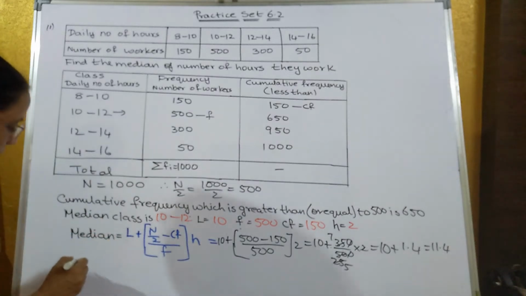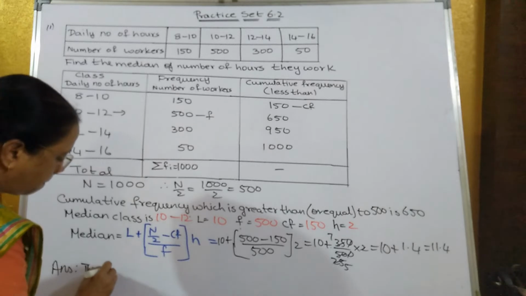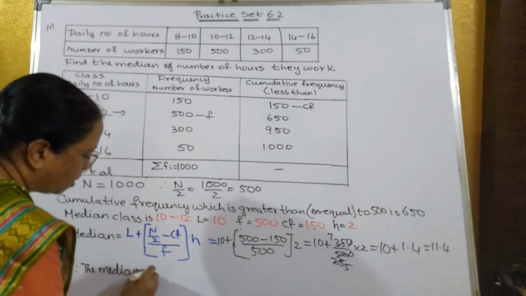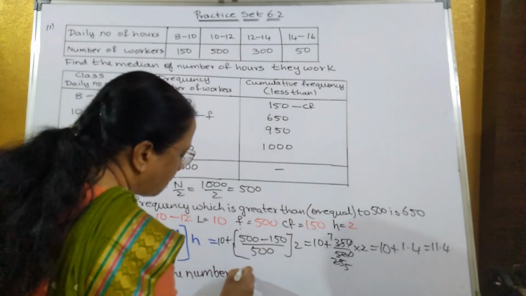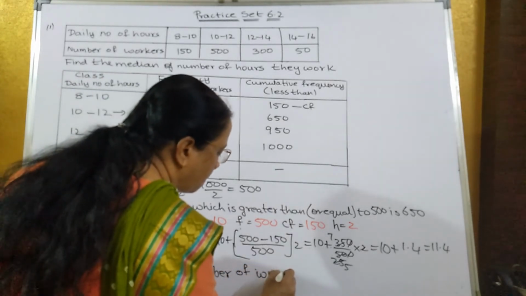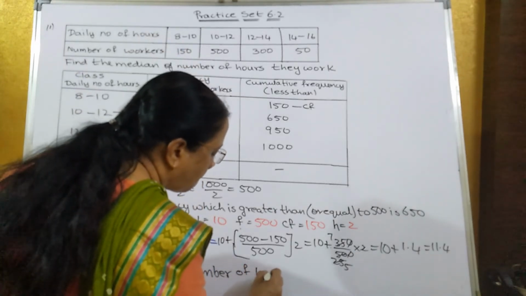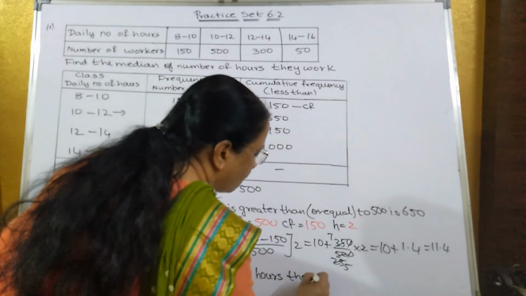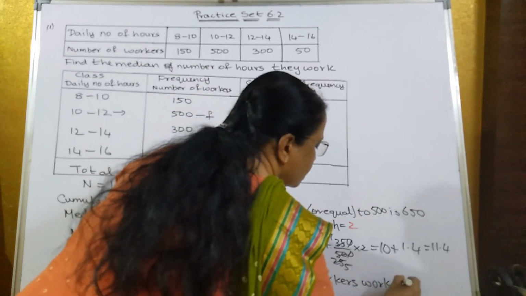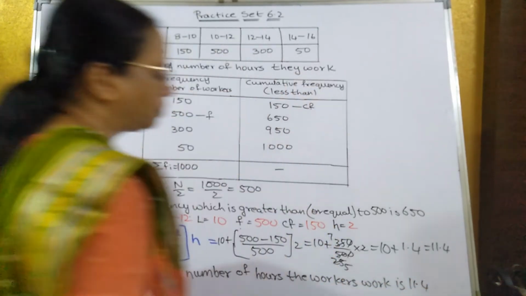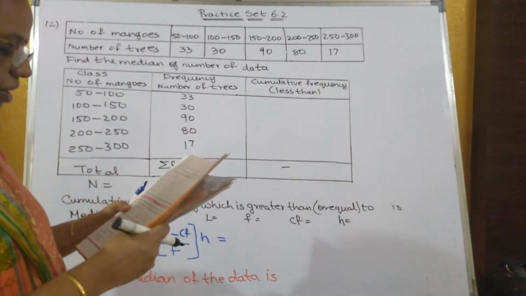So the median of the number of hours the workers work is 11.4.